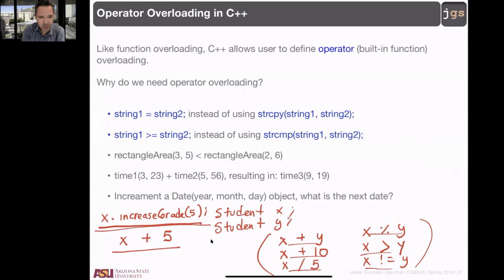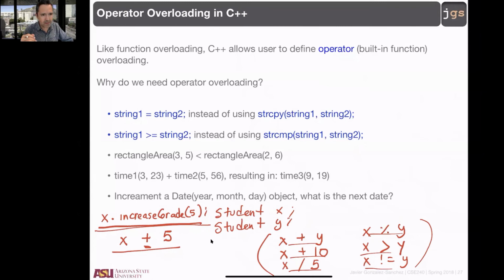So the plus for students is going to be increase the grade in that number. Why should you want to do this? Only one reason, to make your programs smaller. An operator is always small, one character, instead of a full name of a method with parameters. The idea is to make your programs look better.